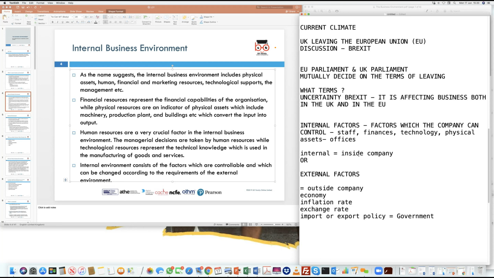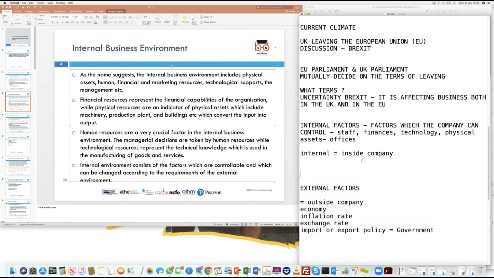So internal factors are factors inside the company, like the number of people to employ, how many people you employ. Okay, it could be your supply, your partners, your finances. These are factors which you can control.